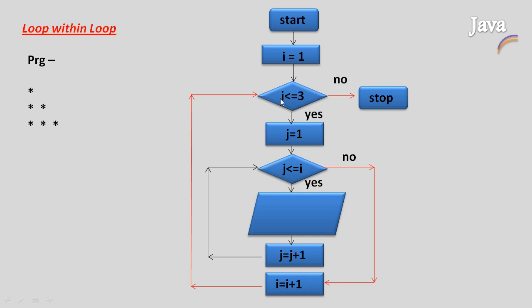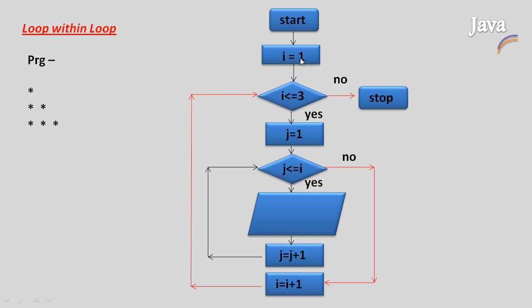This one is the outer loop, where the decision i less than or equal to 3 is taken. And this one is the inner loop, the one I am indicating, and this one shown in red is the outer loop. Let us see how the things will work.